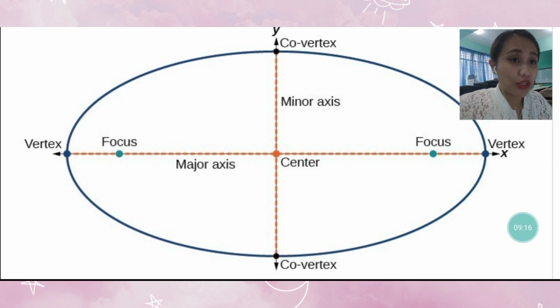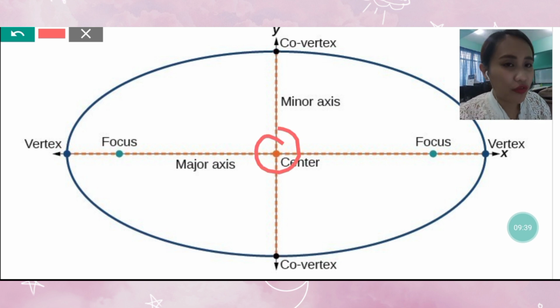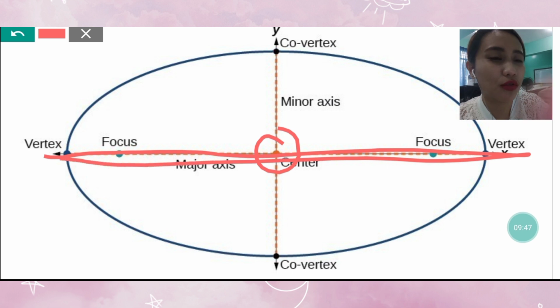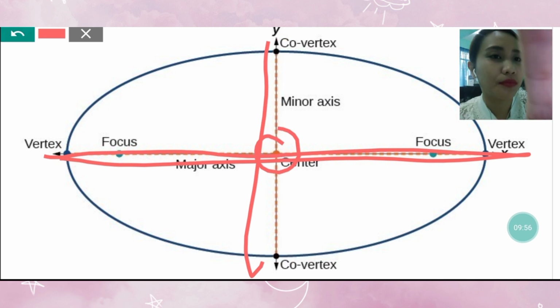Now let's take a look at this illustration. This is an illustration of an ellipse whose orientation is horizontal. Again, we have different types of ellipse depending on orientation. Here, this is horizontal in nature. This part right here is the center of the ellipse. Since our ellipse is horizontal, our major axis is also horizontal, and our minor axis is vertical. So that's the minor axis.